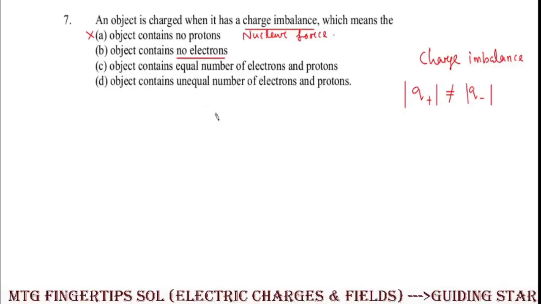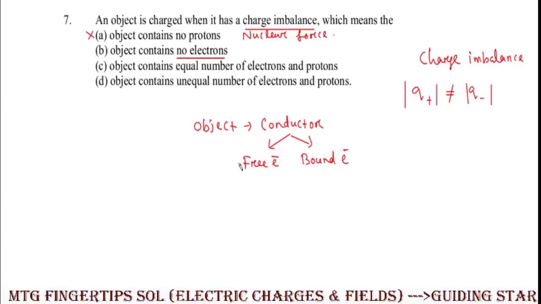Why? Because if you take any object, suppose we take a conductor, the conductor will have electrons present. You will get two kinds of electrons in a given conductor: free electrons and bound electrons.